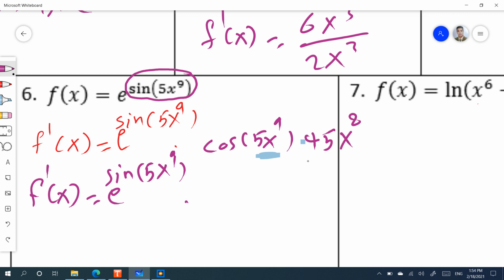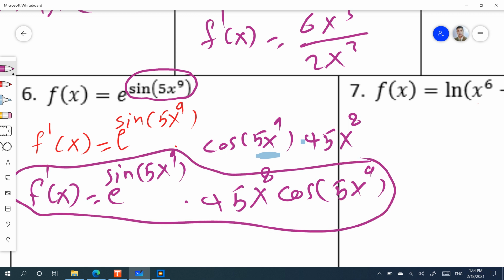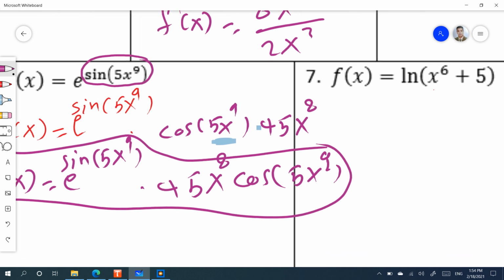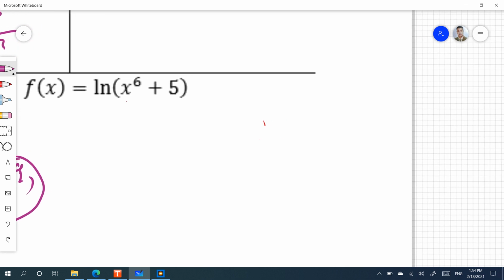times 45x to power 8 cosine 5x to power 9. I think it's clear from now. Now we get the derivative of this function.